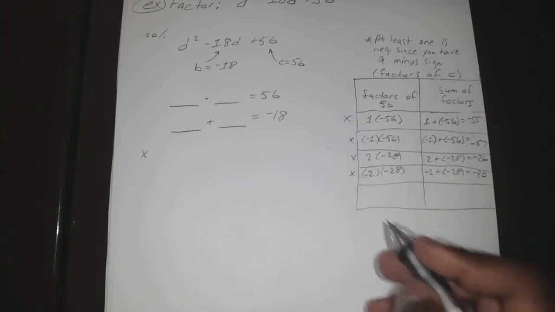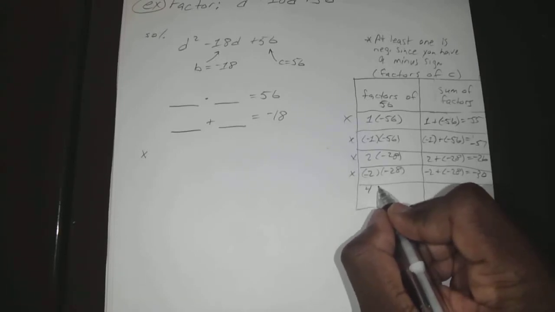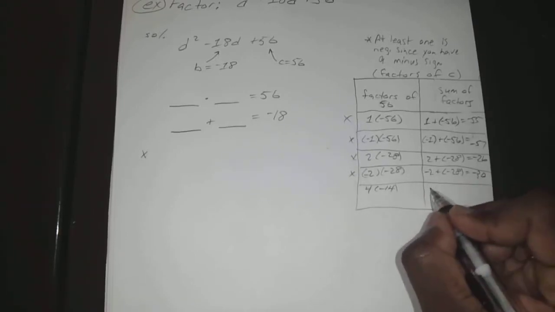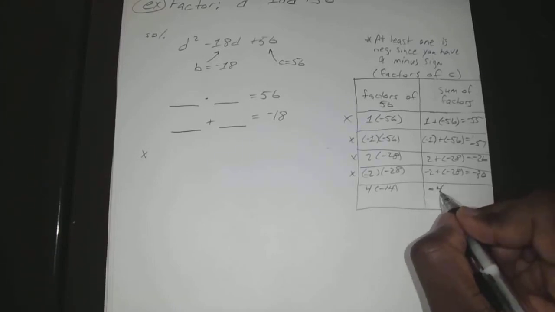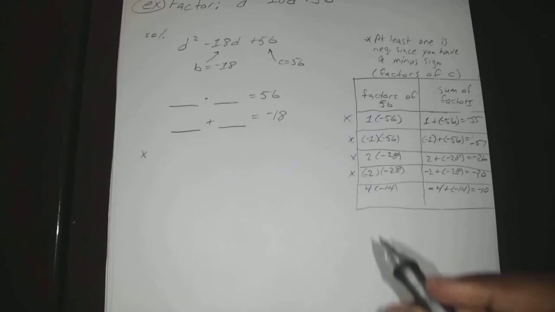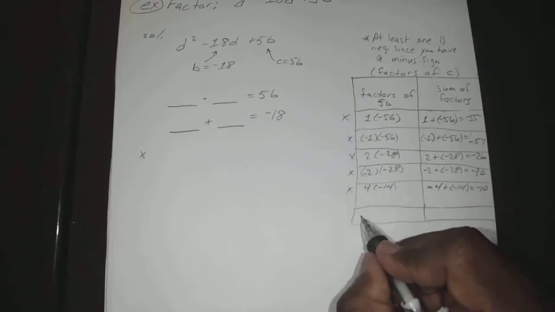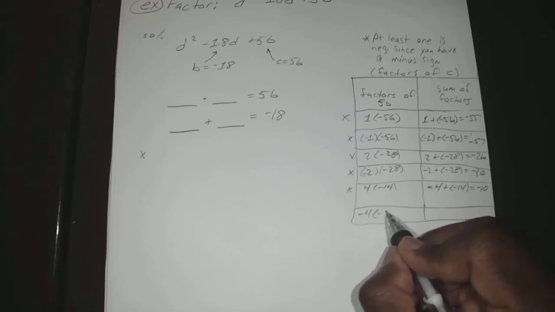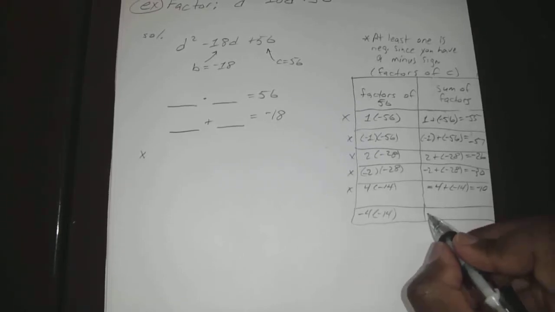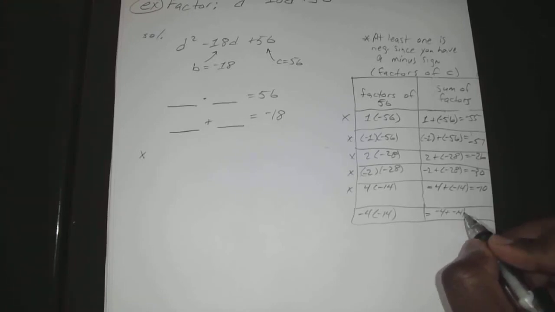Okay. So what if you have 4 times 14? So 4 times negative 14. Okay, so 4 plus negative 14 equals negative 10. So that's not what we're looking for. But if we go negative 4 times negative 14, negative 4 plus negative 14 is actually equal to negative 18.